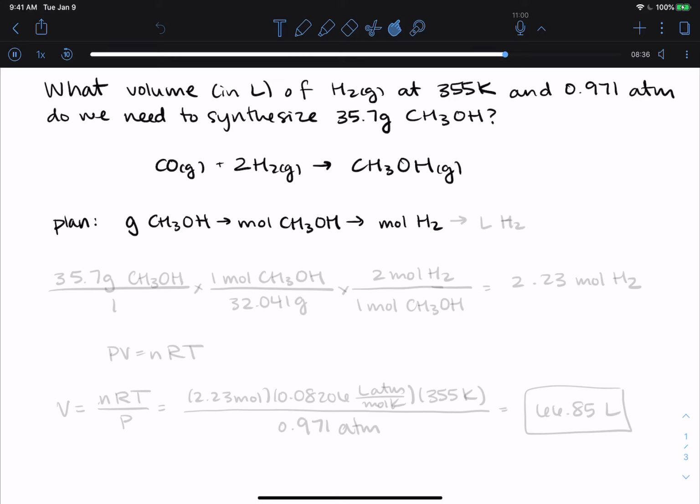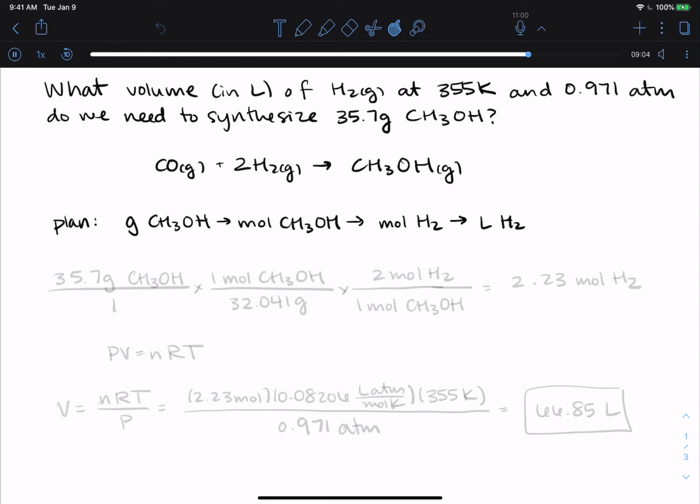So everything up until this point is exactly what we have done with stoichiometry in previous modules. From here, because I will now have moles and temperature and pressure, I can calculate the volume using the ideal gas law. So this last step to get to liters of H2 is kind of the new part that we haven't done yet.